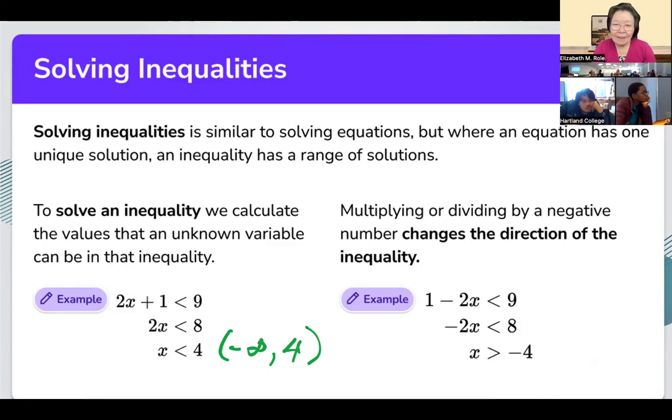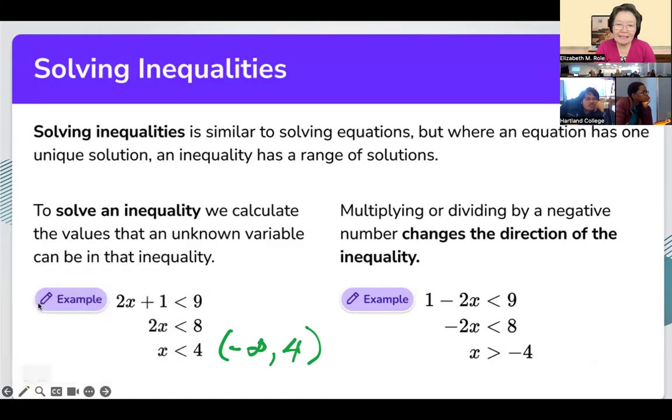So for the other example, 1 minus 2x is less than 9. So minus 2x is less than 8. So I divide both sides by -2. Because I'm dividing by -2, I will have to change the sign of inequality. So your answer will be x, instead of less, will become greater than -4.